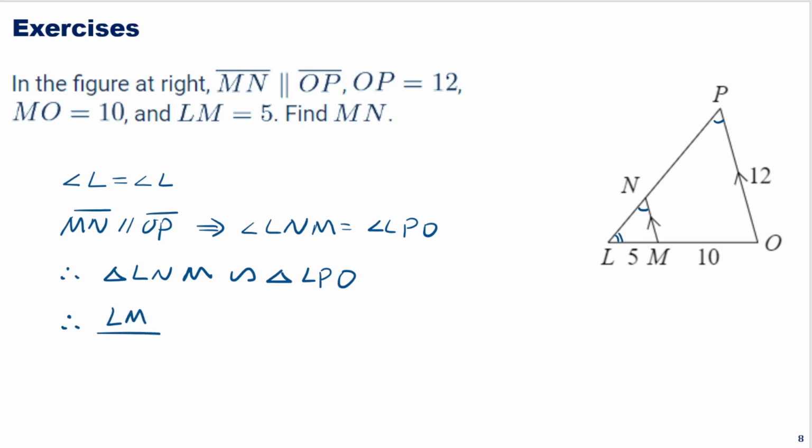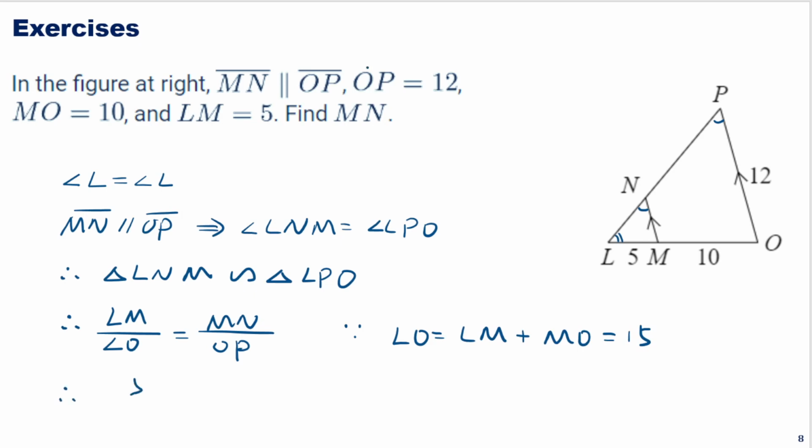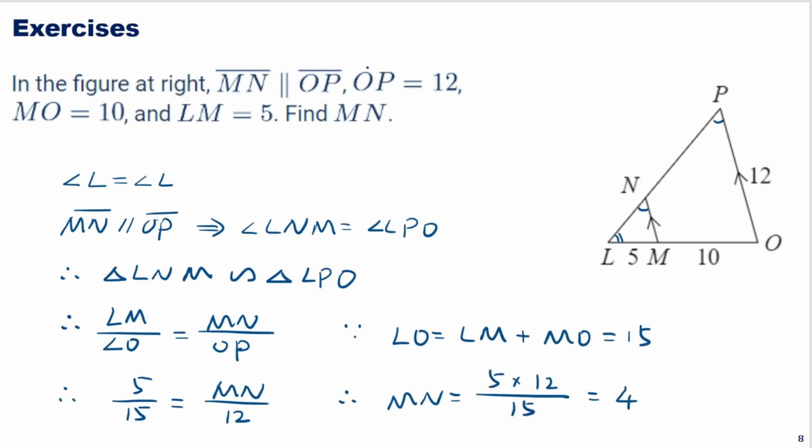So LM over LO equals MN over OP. And because LO equals LM plus MO equals 15, we now have 5 over 15 equals MN over 12. Therefore, we have MN equals 5 times 12 over 15, which gives you 4, right?